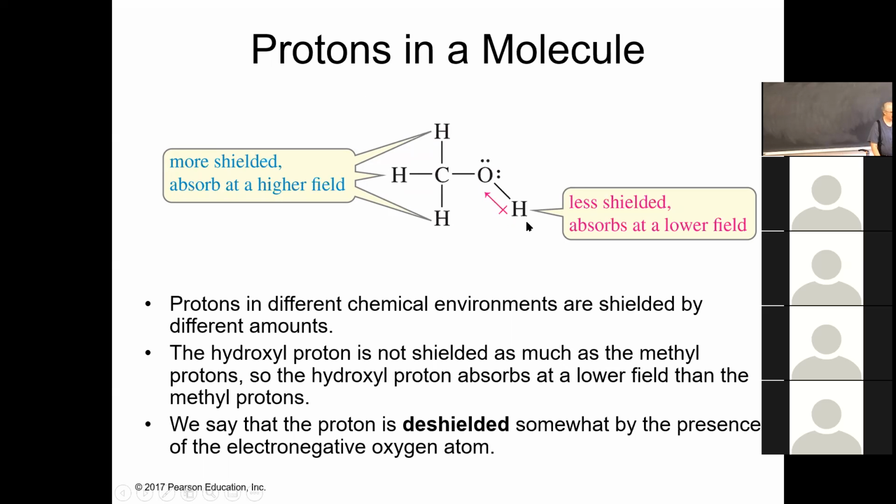That's because oxygen is pulling electrons strongly away from the hydrogen. So that hydrogen has a thin electron cloud, meaning it's less shielded, and it will absorb at a lower field. Compared to this hydrogen, these will absorb at a higher field. Their protons have a greater amount of electron shielding. So that proton is de-shielded somewhat by the presence of that electronegative oxygen atom.